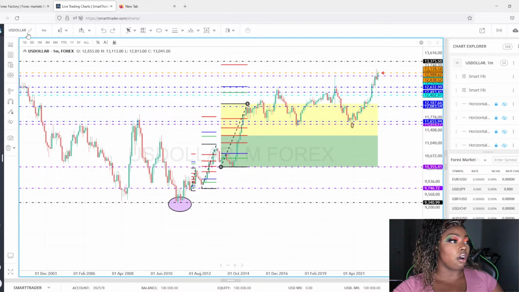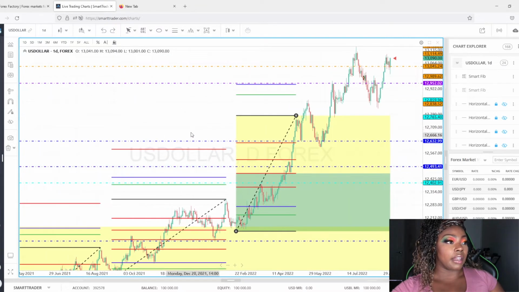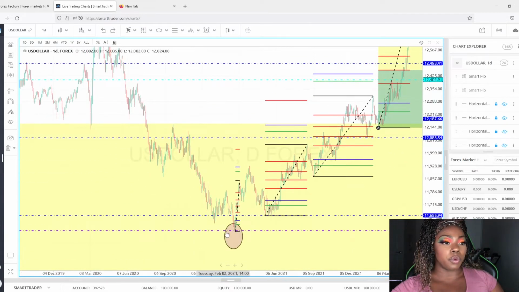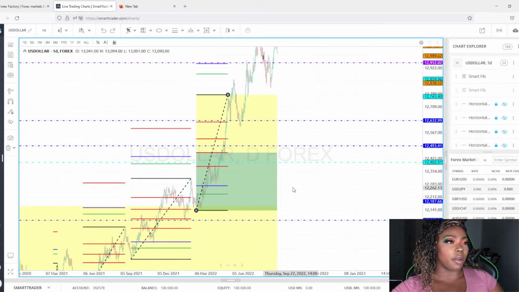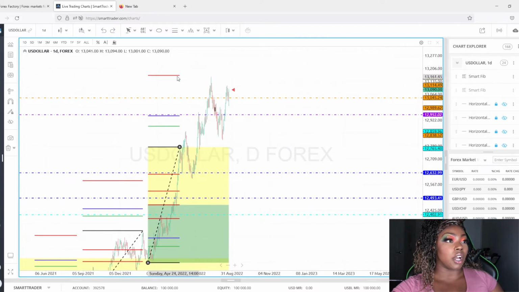We're going to go on the daily, and if you did it correctly, your fibs will carry over to your lower time frame. On the daily time frame, we see price on an A to B move. Price retraced to the 236 level before moving up to almost the 1618 level. It came back again, and most recently it retraced to the 118 level.